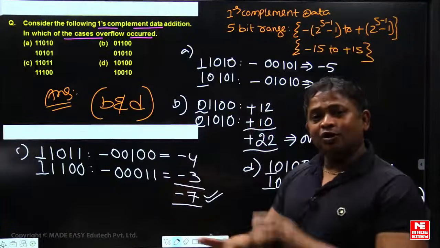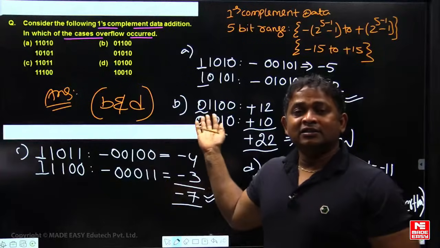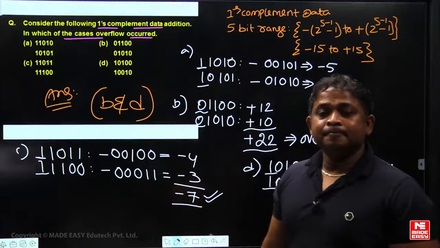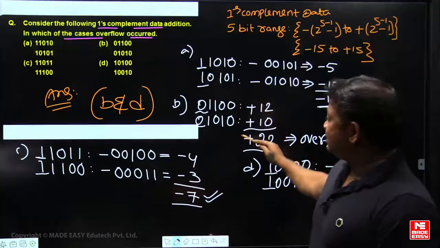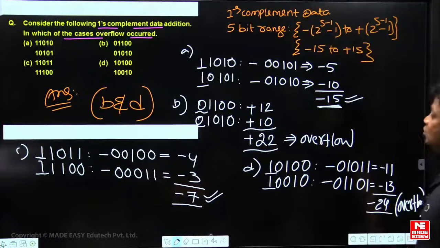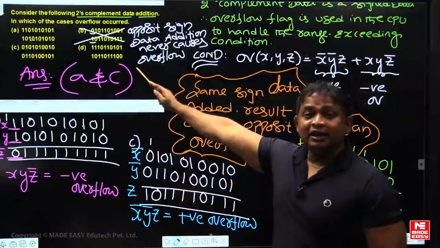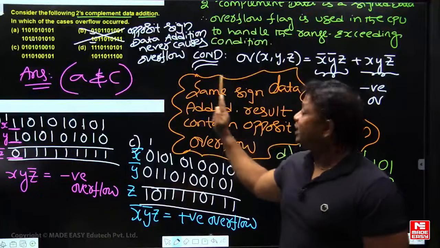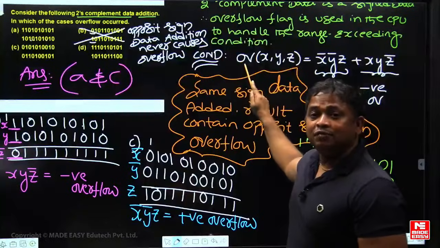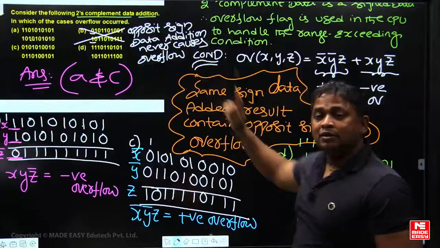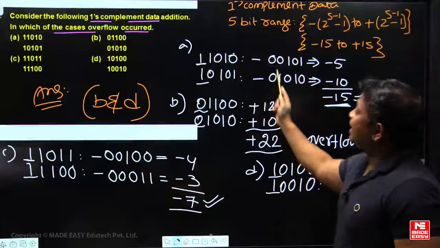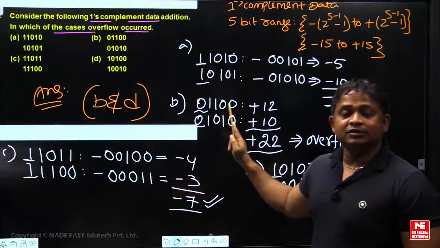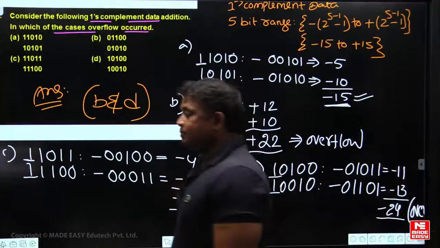This method works for all, but if we follow it unnecessarily for signed data it consumes time, so here we do it differently. For 2's complement, if we follow the range method it will take more time. That is the reason we directly use the overflow condition for 2's complement. For one's complement there is no such condition, so compulsorily we should use the range concept. Okay, all right.